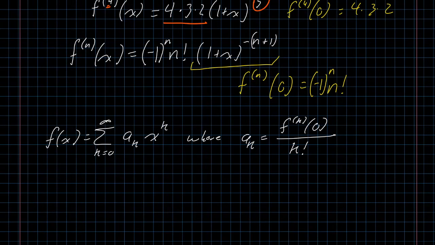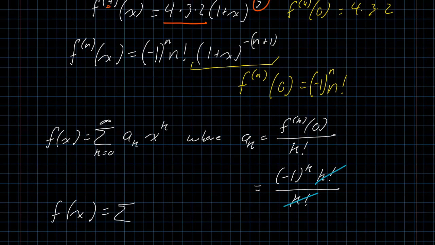So replacing n with k, we have in this case -1 to the k times k factorial divided by k factorial. The k factorials cancel each other out. And the power series for this function is the sum of -1 to the k times x to the k.